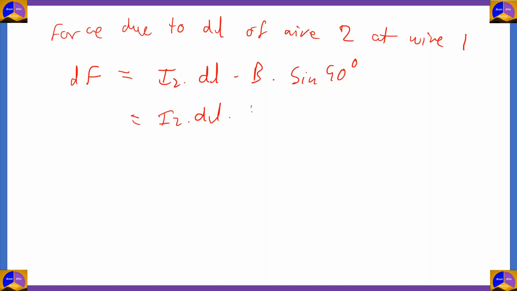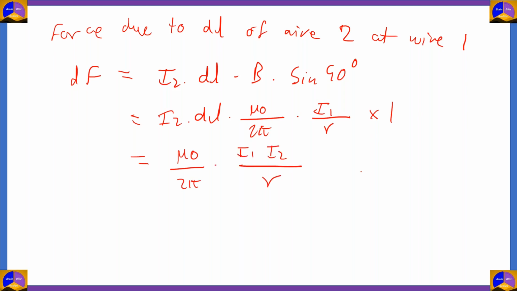The magnetic field is written as mu naught by 2 pi into I1 divided by r. And then sine 90 is 1. So therefore, we have mu naught by 2 pi into I1, I2 divided by r times dl.